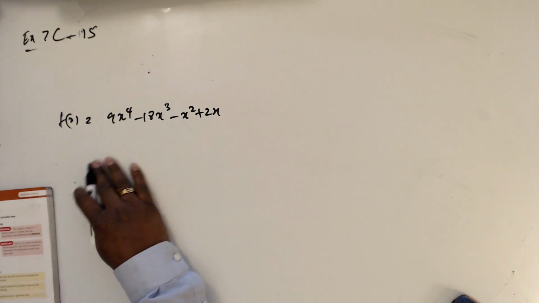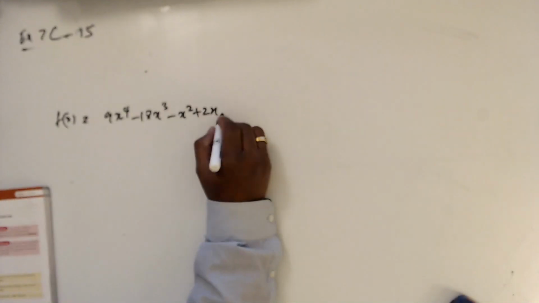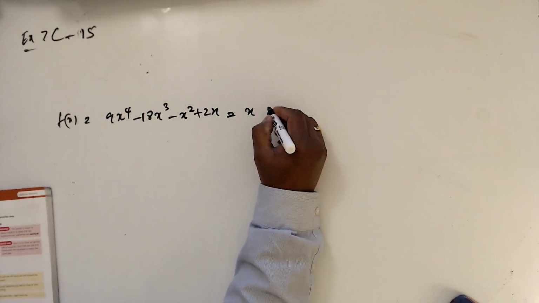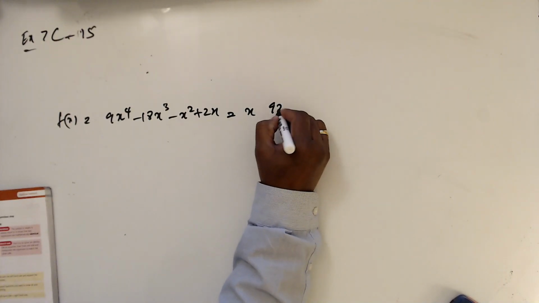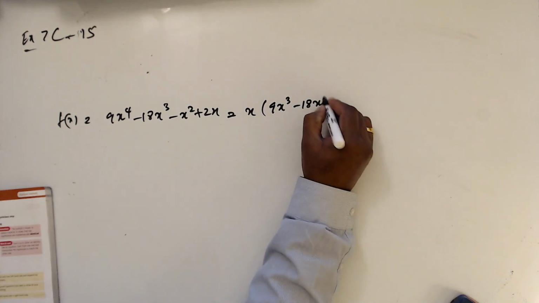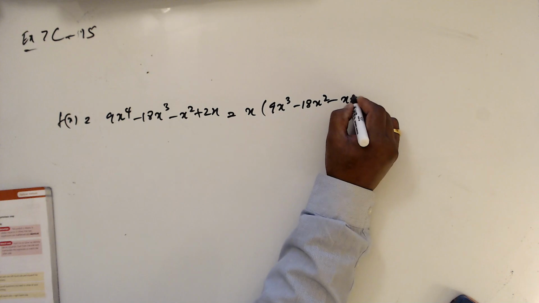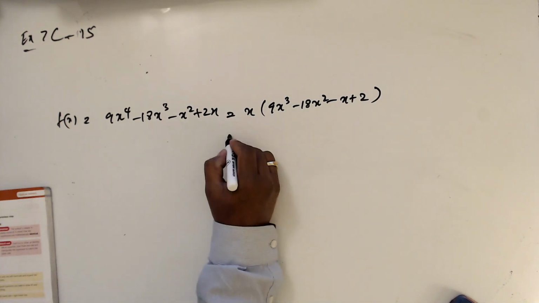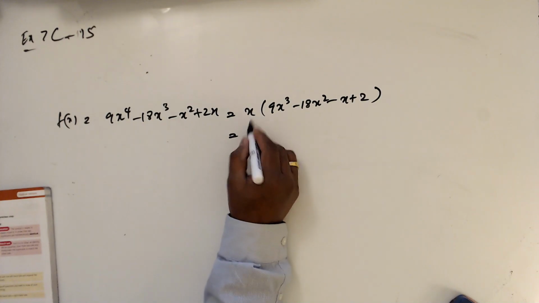Just a discussion with this question, question 15. I can see x is common, I'll take x out. So this is going to be 9x³ − 18x² − x + 2. And we know now x is a factor.